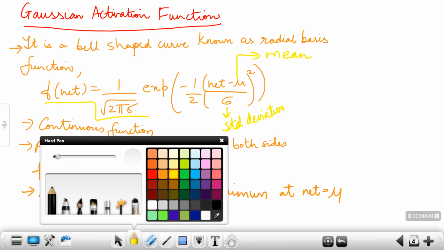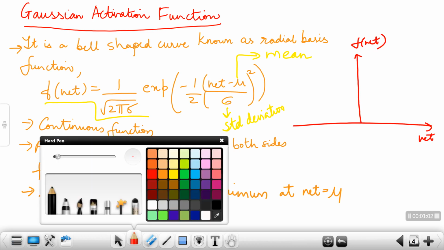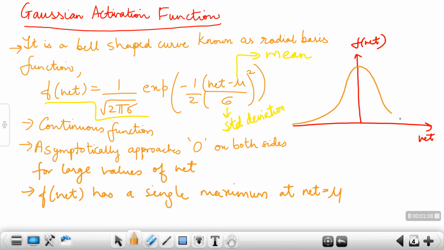If we plot the graph, it would be like this. This is net and f of net, and as everybody knows the shape of a Gaussian function, it takes this particular shape. Now what will be the effect of changing mu and sigma?